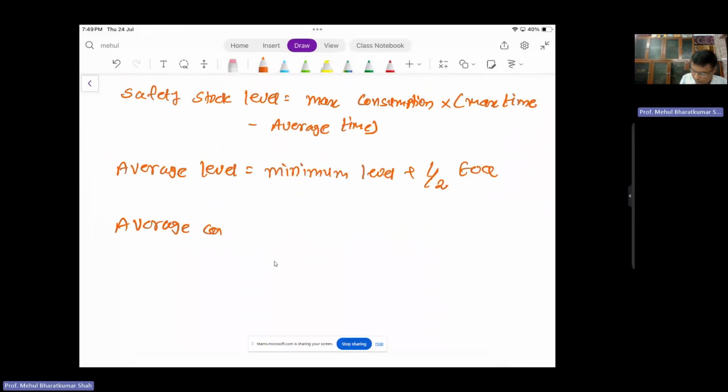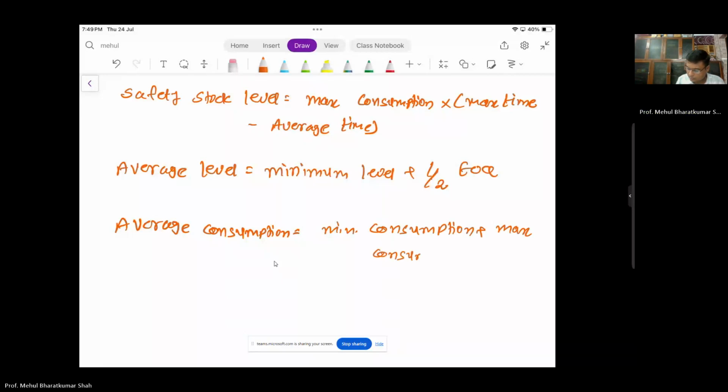Average consumption is equal to minimum consumption plus maximum consumption divided by 2.